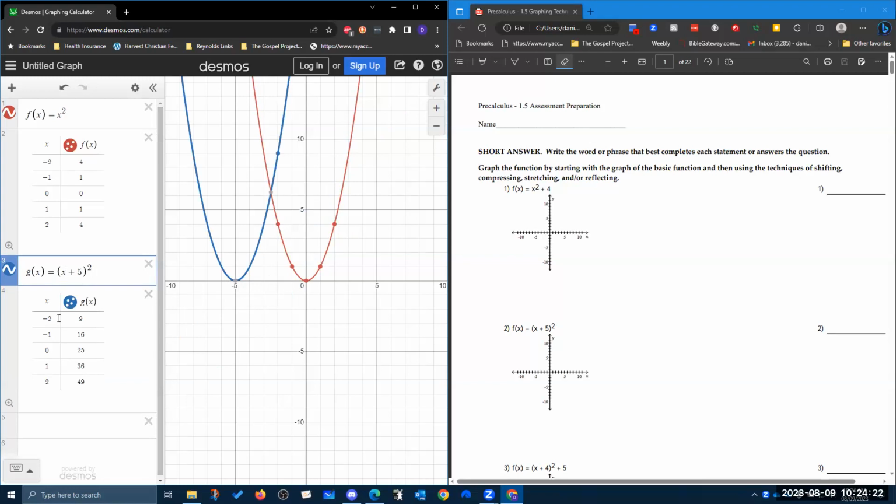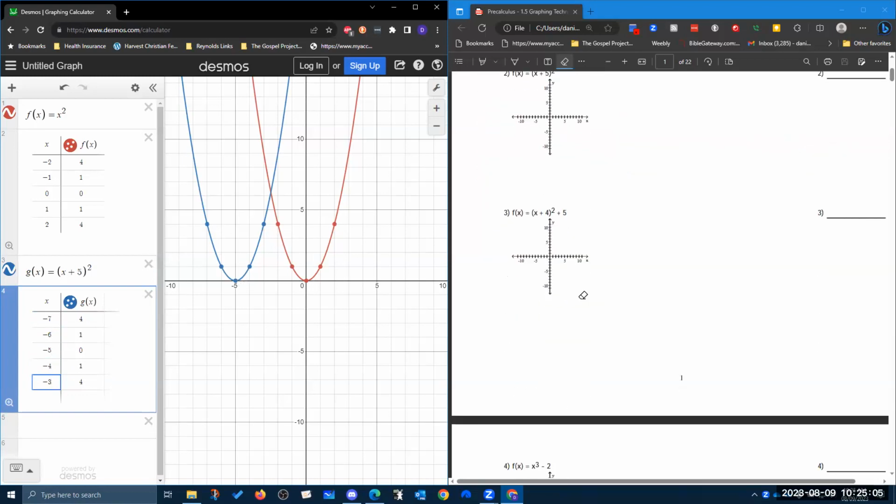So instead of shifting the y values, this shifted the x values, so you're not going to get a good image here of what happened unless I shift these for you and show you that that's -7, -6, -5, -4, and -3 there. And now you can see that these points have been shifted left 5, but they have the same y value.